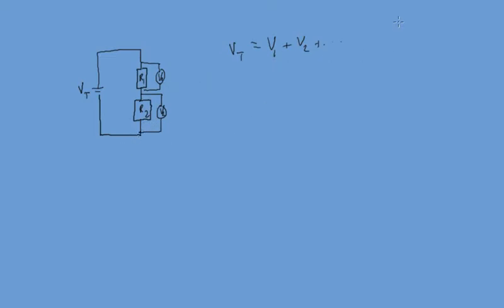So from our equation V equals IR, we can deduce that the total resistance... now current is the same wherever we are in a series circuit, it doesn't change.